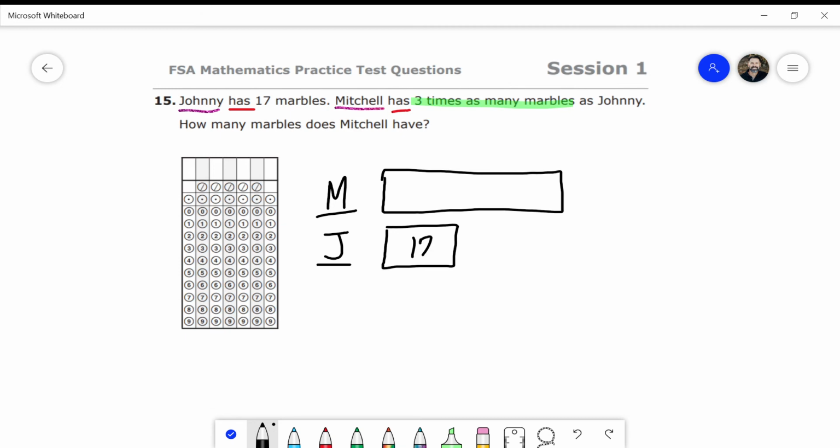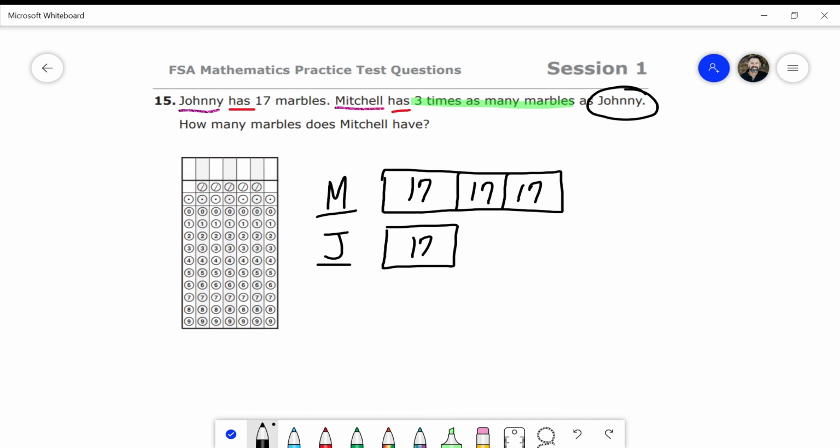And the clue for Mitchell is that he has 3 times more, so I just want to cut Mitchell's model into 3 parts. Now, because Johnny has 17 in his box, I want to make sure I put 17 inside of each of Mitchell's boxes, because Mitchell has 3 times as many marbles as Johnny. You see that? I'm comparing it to Johnny. So whatever Johnny has, Mitchell needs 3 times more.